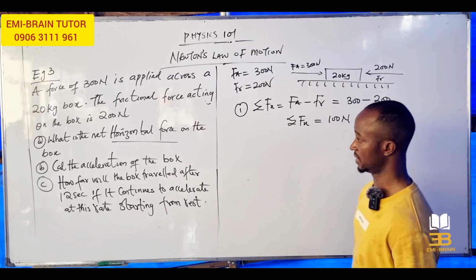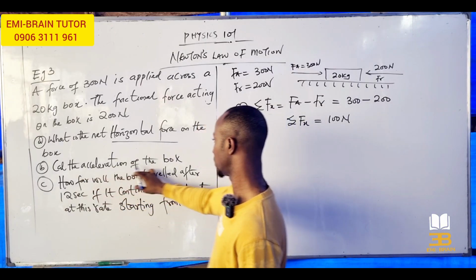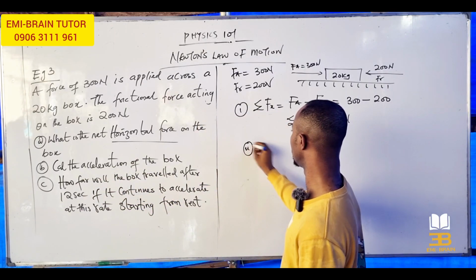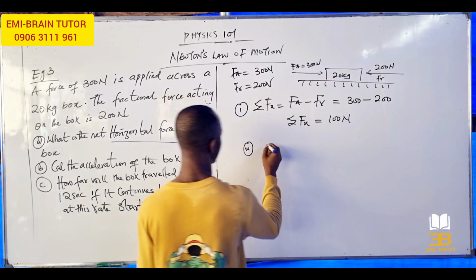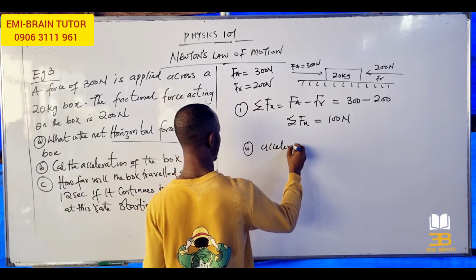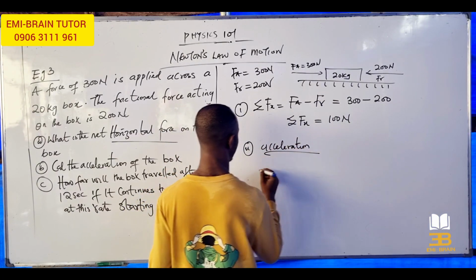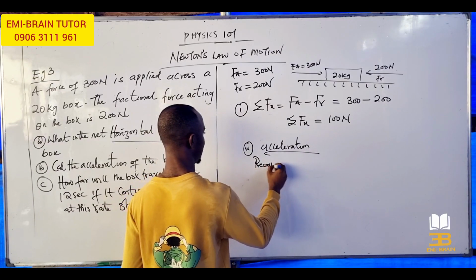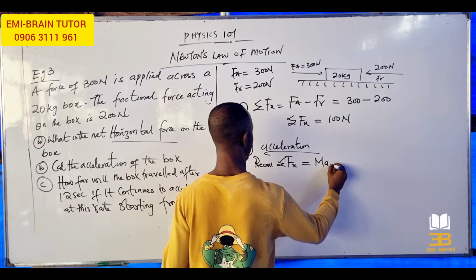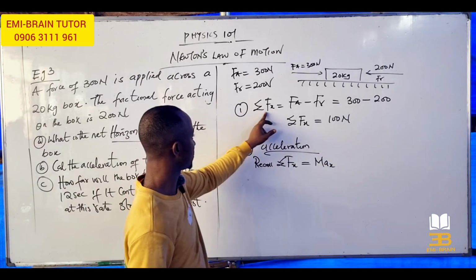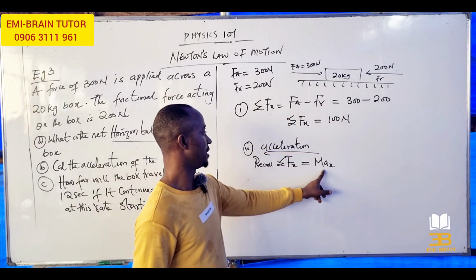Now the paper says calculate the acceleration of the box. Number 2: recall that the sum of all horizontal forces is equal to mass times acceleration, right? Because the sum of all these forces must be equal to ma.